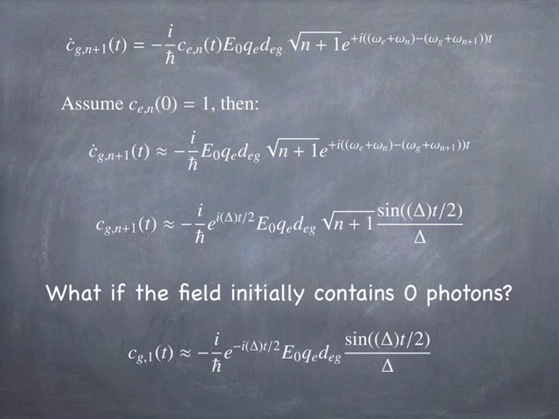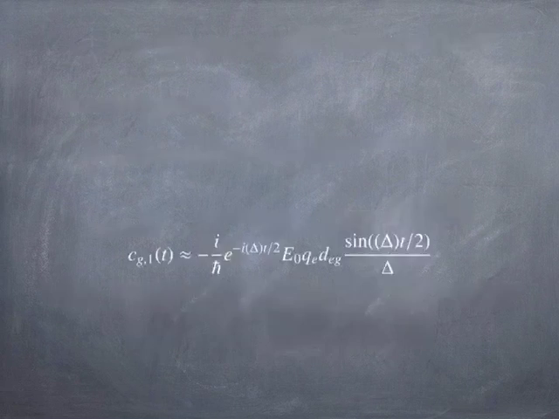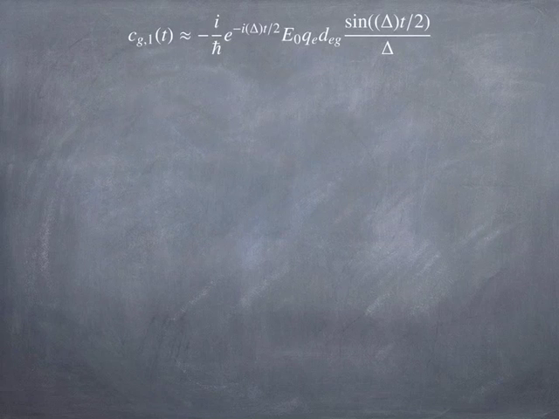So that's what we wind up with. We can replace the square root of n plus 1 with 1 if n equals 0, and we still get something. Let's go ahead and talk about what happens if I have more modes.